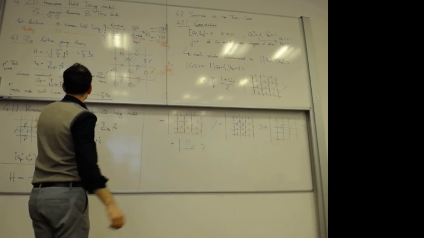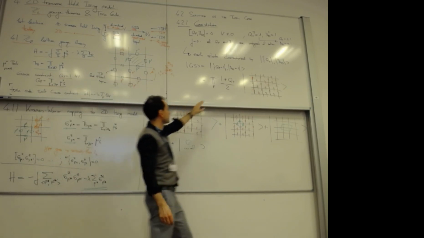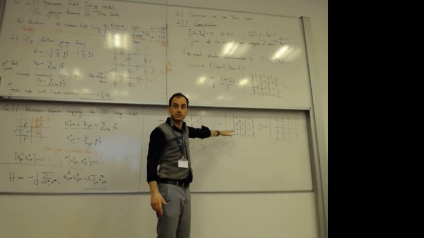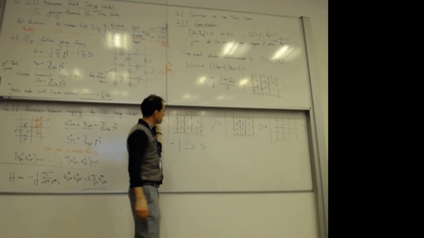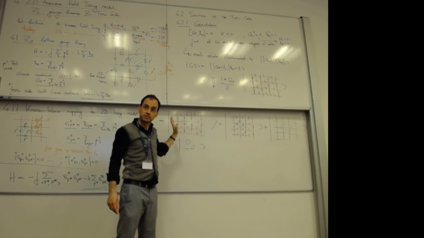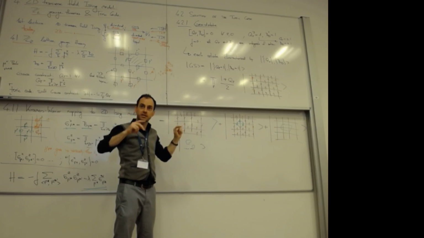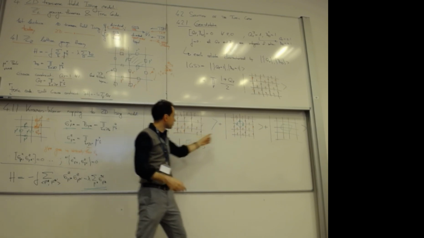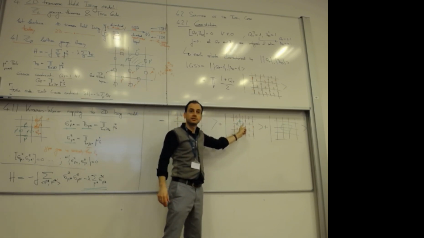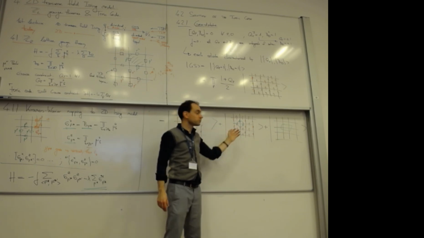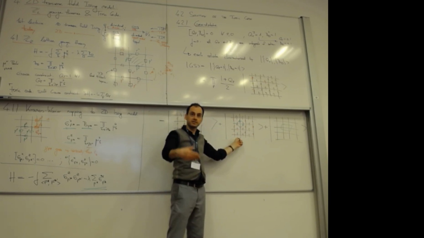You agree that when I act with B on this, I get 1, in any case, because I have always an even number of ups and downs in each bucket. By construction, there's always an even number of ups and downs. So B on this thing will leave each of the states invariant by itself, and you will get eigenvalue 1.